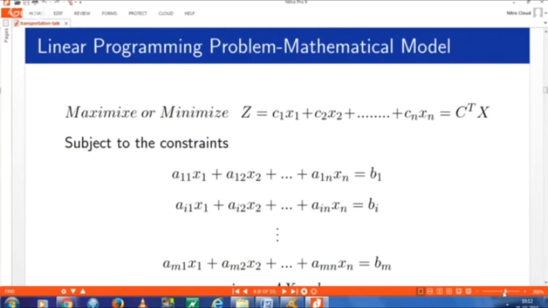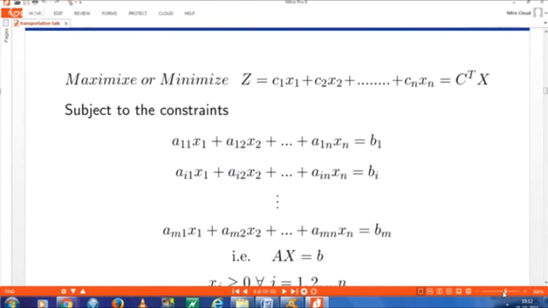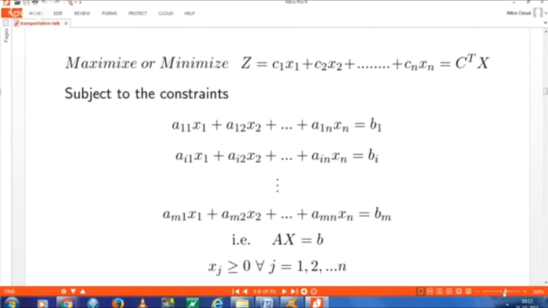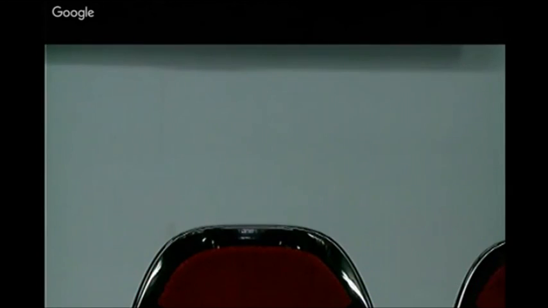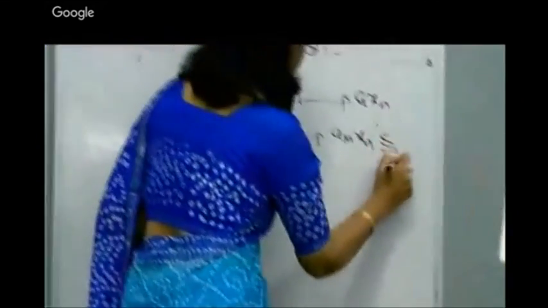So in general, if there are n decision variables and m constraints, then the form of linear programming problem is this. Now here we have inequalities. One thing I want to express: in general my linear programming is maximize or minimize C1x1 plus ... plus Cnxn subject to A11x1 plus ... plus A1nxn, with B1 on the right side.